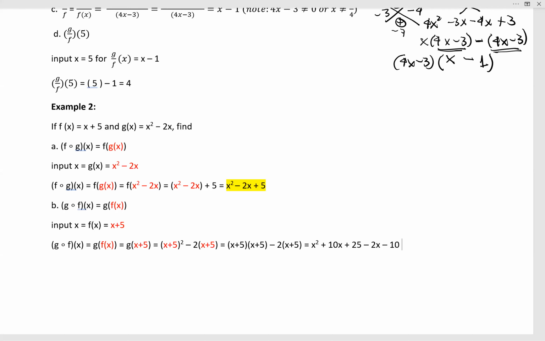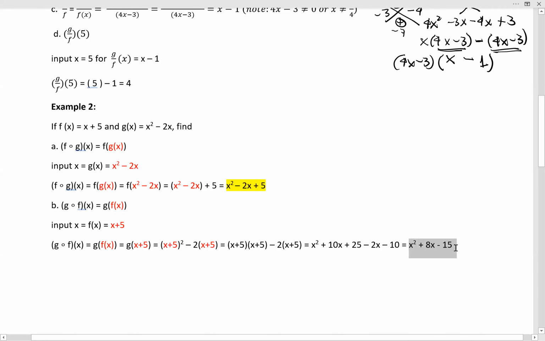Simplified, it's going to be x squared plus 8x minus 50. So this is the answer for part B.